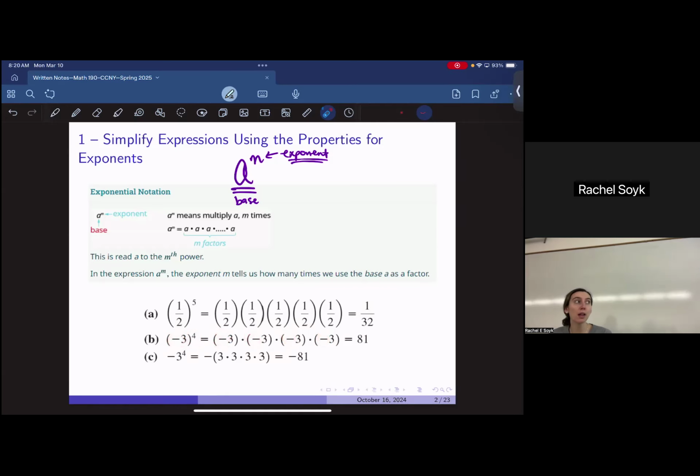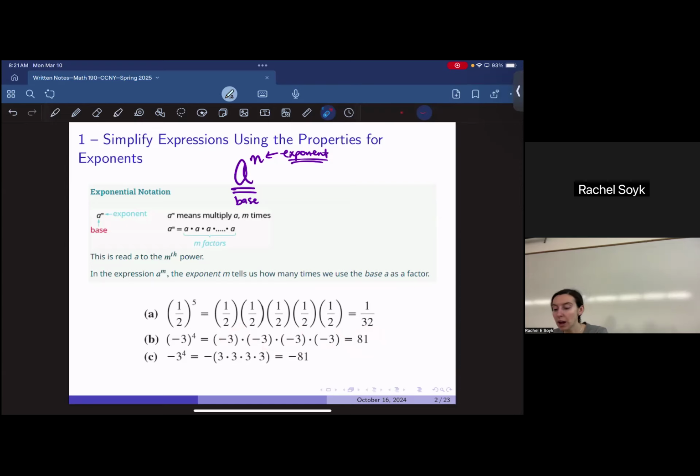And when we multiply an even number of negative signs, they all end up canceling out and becoming a positive. A negative times a negative is a positive, and a negative times a negative is also a positive. So we end up with a positive, and then 3 times 3 times 3 times 3 gives us 81.